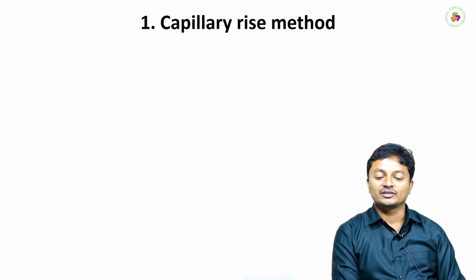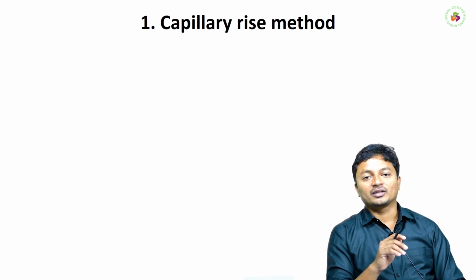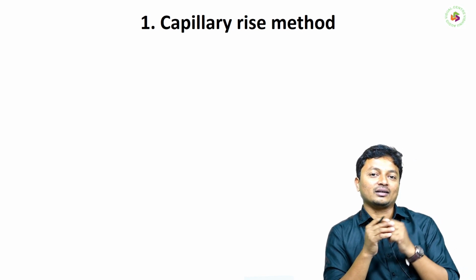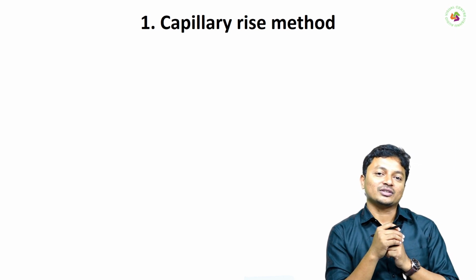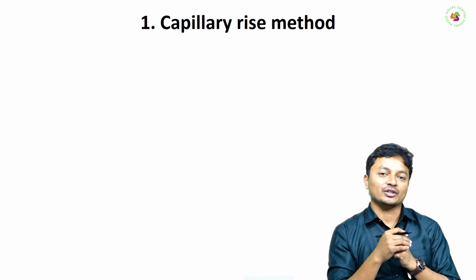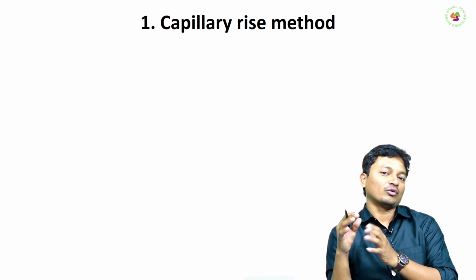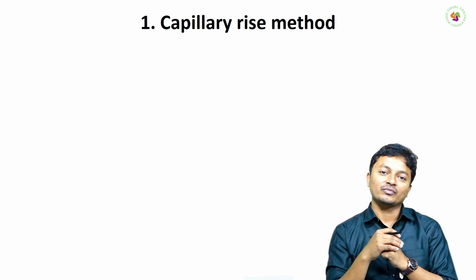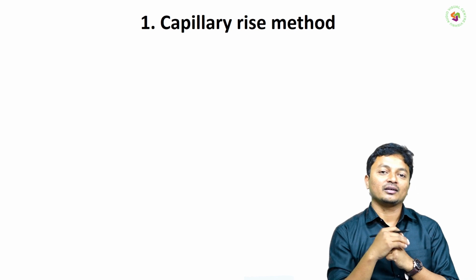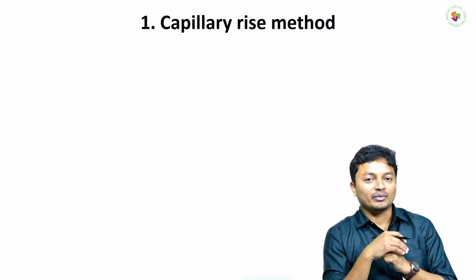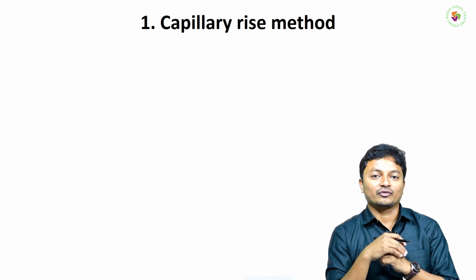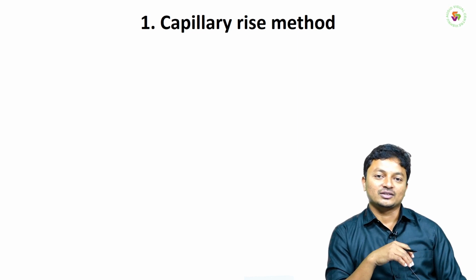The first one is the capillary rise method. In this method, we have a capillary, and due to the surface tension, the sample rises upward, and when the countering force acts on the same liquid sample, it stops. Thus we can determine the surface tension of the particular sample.